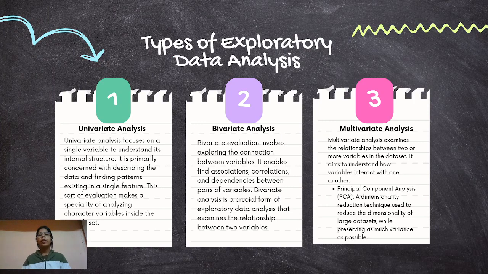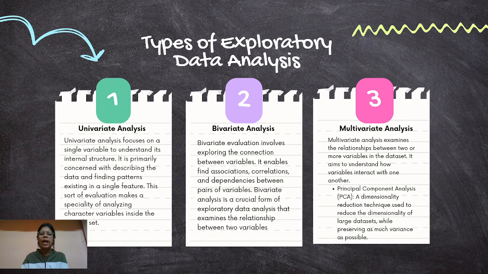Then we have types of exploratory data analysis. We have three types of EDA: univariate, bivariate, and multivariate. Univariate is focused on a single variable to understand its internal structure. It is primarily concerned with describing the data and finding patterns existing in a single feature.